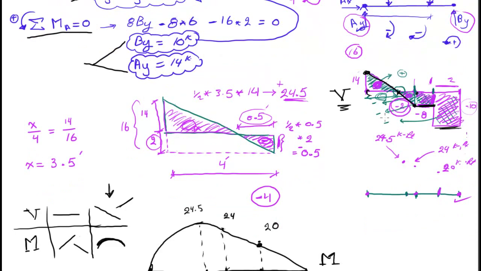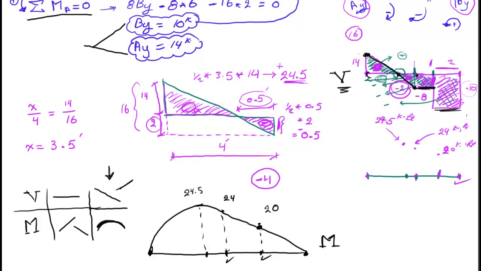Calculate the areas, then the values of the moments are the areas added up together up to the point you are interested in, making sure that any area above the x-axis is a positive area, and any area below the x-axis is a negative area.